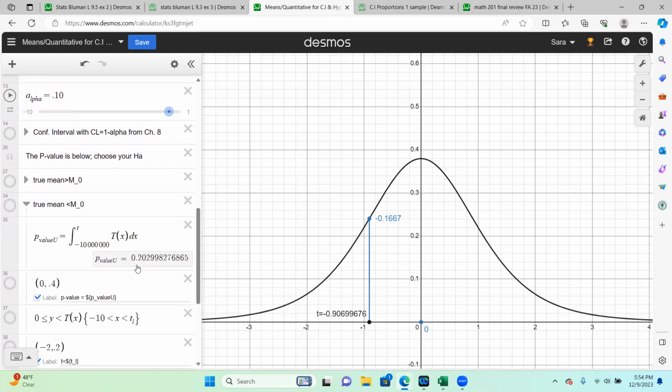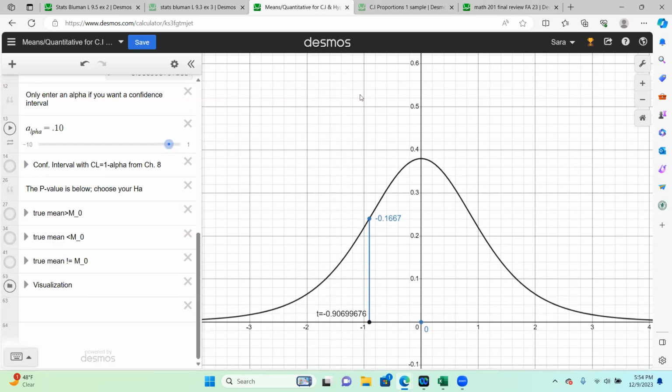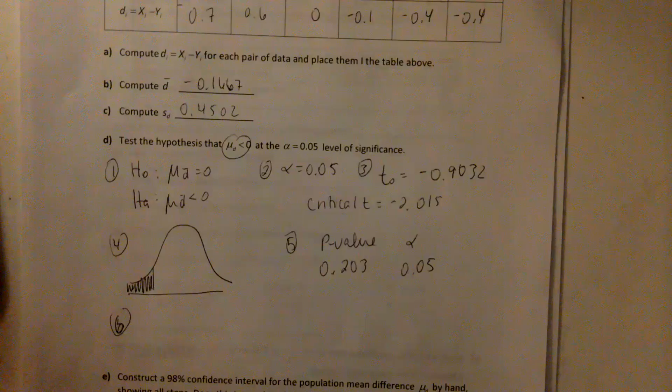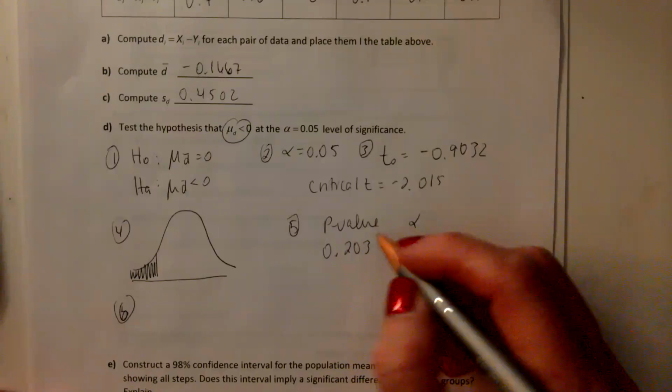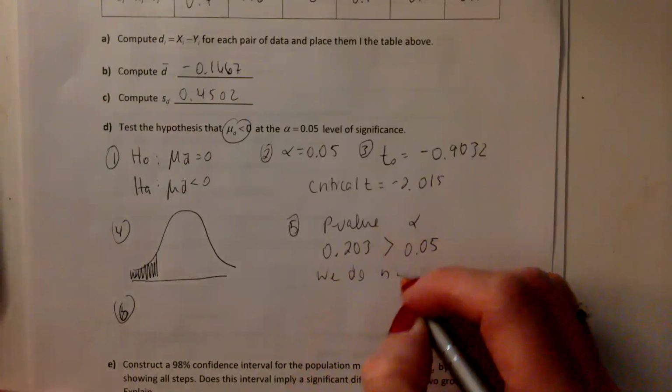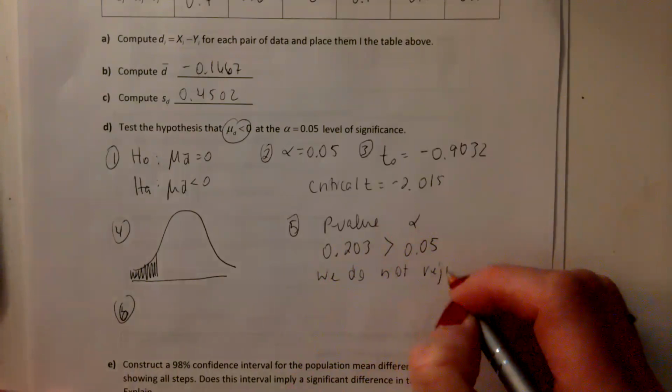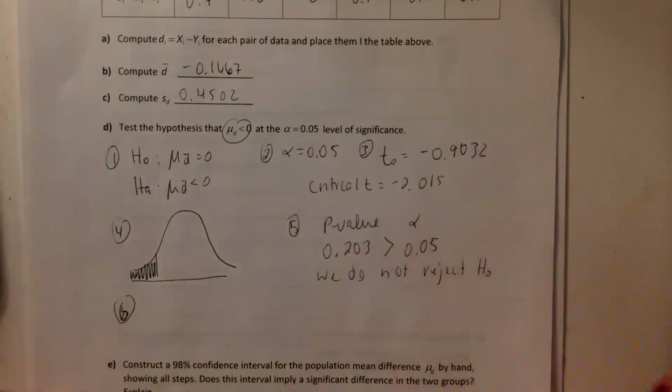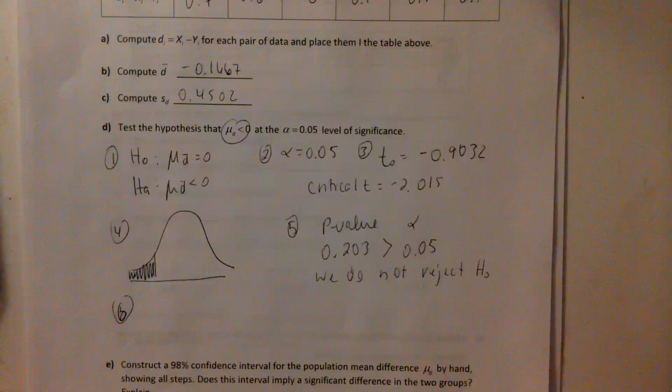And so it looks like our p-value is 0.203. For the left-tailed, make sure you click on that drop down. And you can see our p-value is greater than alpha, so we do not reject H0. So there is not sufficient evidence.